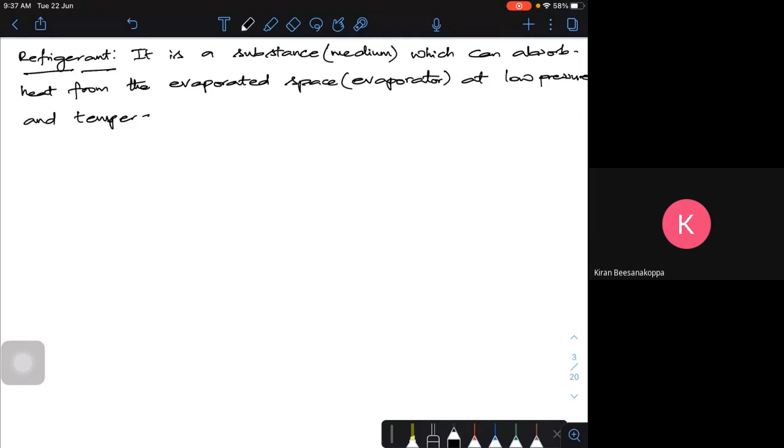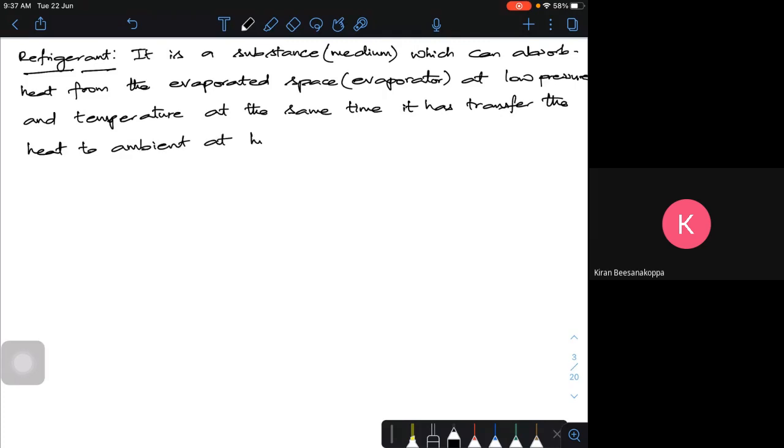It has to absorb the heat at low pressure and temperature, and at the same time it has to transfer or reject the heat to ambient at high pressure and temperature.